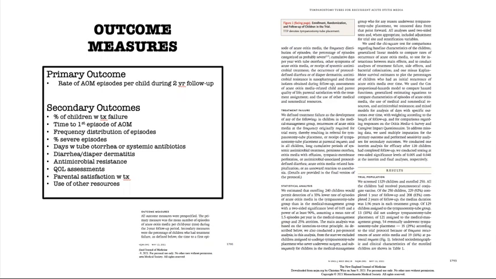The secondary outcomes are the percentage of children with treatment failure, the time to a first episode of AOM, the frequency distribution of episodes, right?